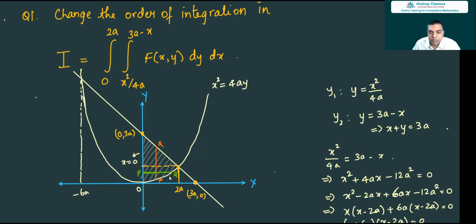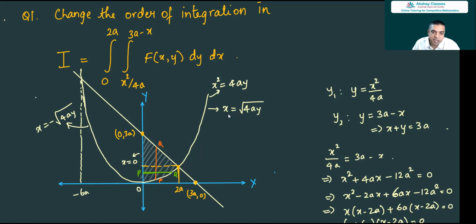Now, for the horizontal strip, the curve is not constant. We have written y in terms of x. Now we have to write x in terms of y. So this x will be root of 4ay, positive. This portion will be x is equal to minus root of 4ay. We don't need this. But this portion from the origin to this, in terms of x, it is y is equal to x square by 4a.